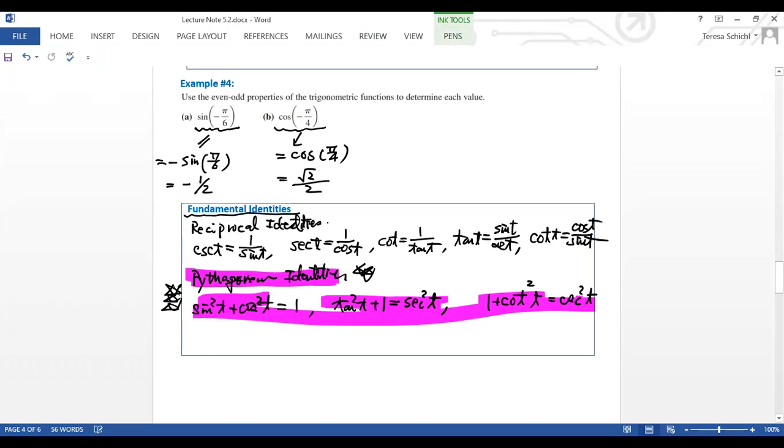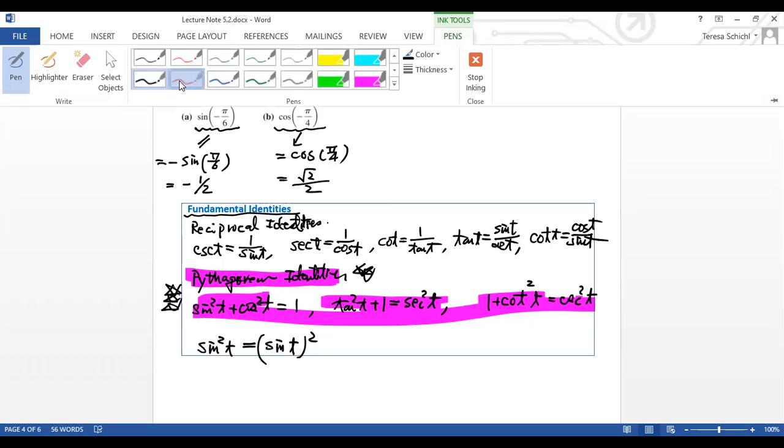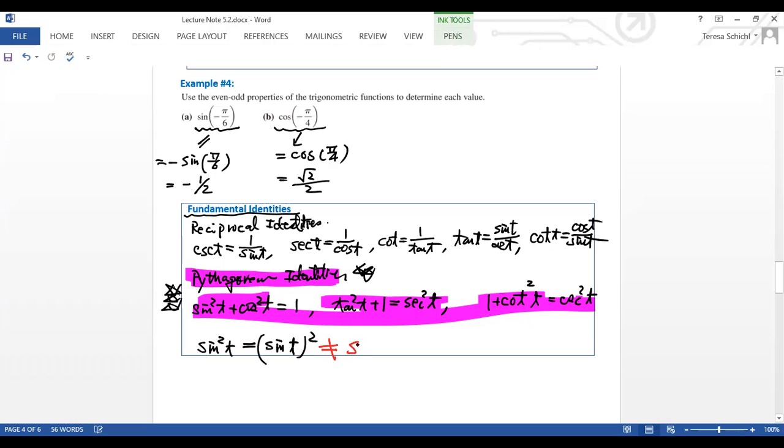Also, one other thing I want to mention: when you write sine squared t, you can write it as sine t, the whole thing squared. But be careful, do not write this as sine of t squared, this is not equal to that. So you can write sine squared with the square in between, or you can put a parenthesis.